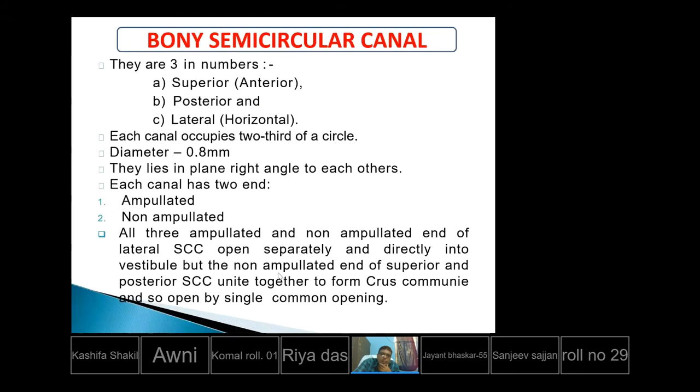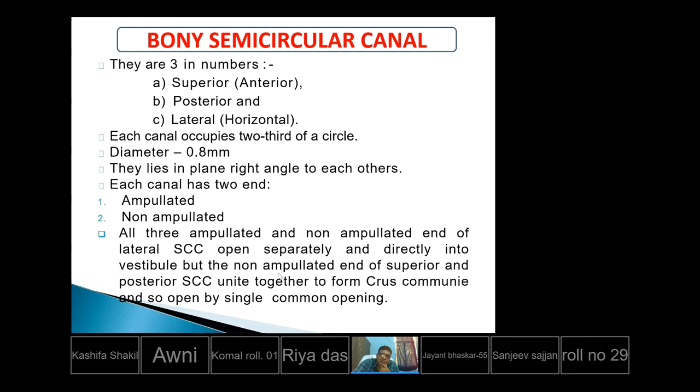Now, about the bony semicircular canals. They are 3 in number: the superior, also called anterior, the posterior, and the lateral or horizontal semicircular canal. Each canal occupies only 2/3 of a circle, which means it never completes the circle.